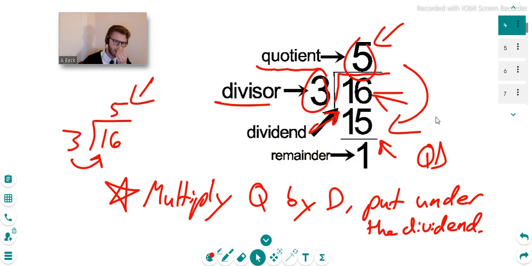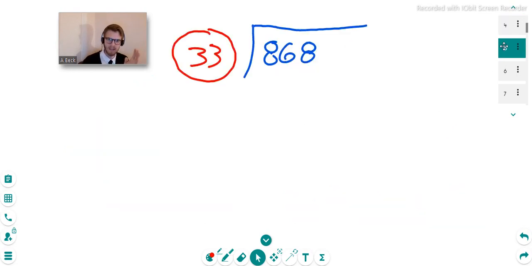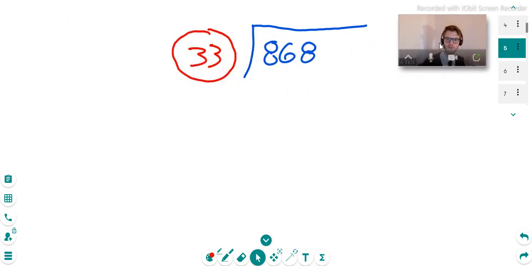Okay, so what we're going to do now is walk through a long division problem. The long division problem is 33 going into 868, or 868 divided by 33. The way I like to think about this is that we have a shape, a box or a container, and it can fit 868 marbles.